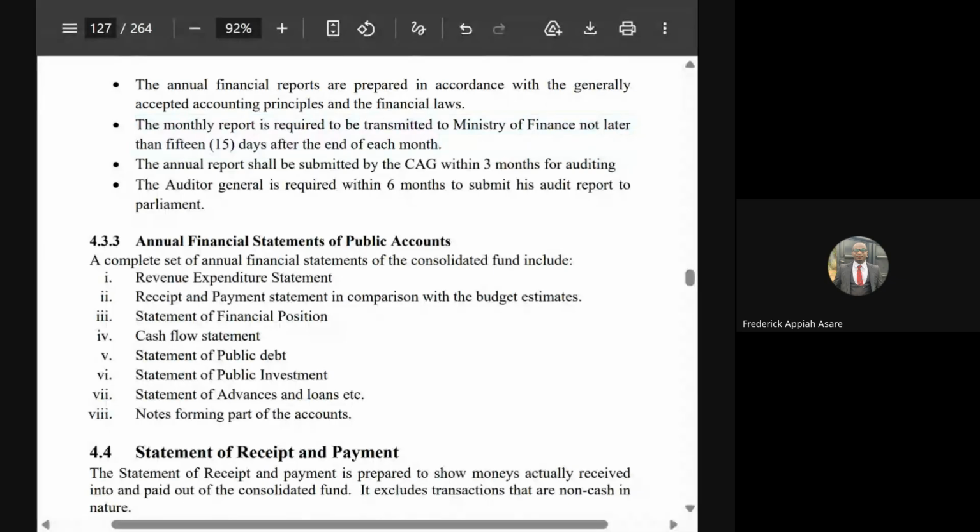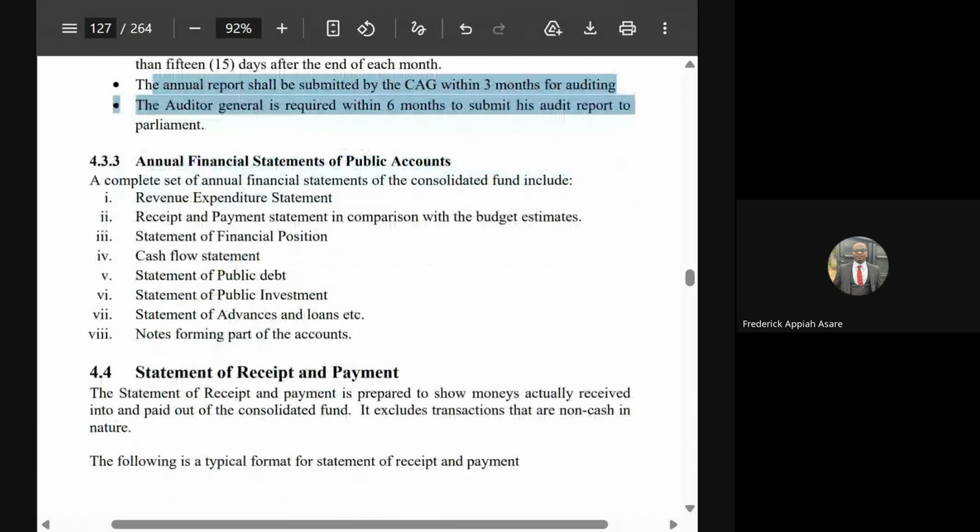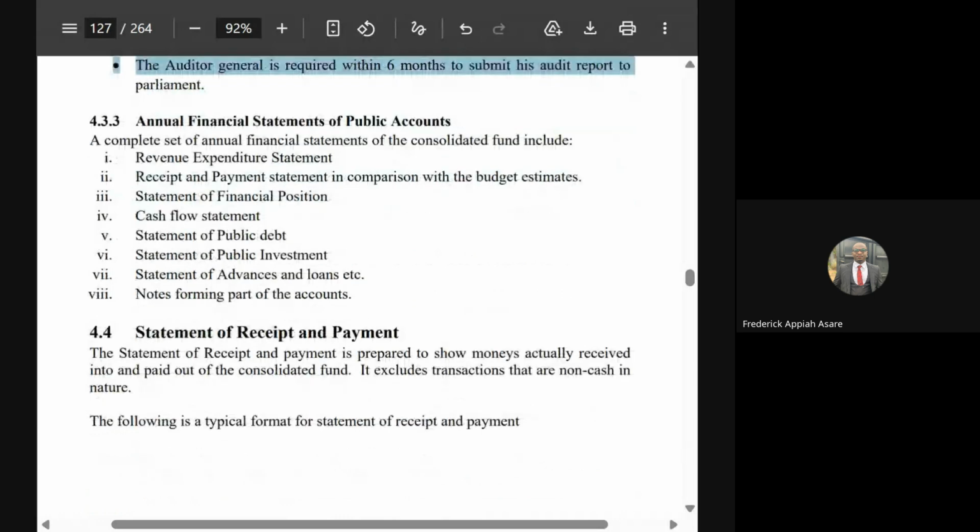The annual report shall be submitted by the Controller and Accountant General within 3 months for auditing. The Auditor General is required, within 6 months, to submit his audit report to Parliament. These are the annual financial statements of the public accounts.